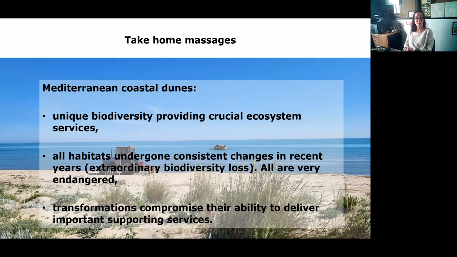All coastal habitats are currently considered to be very endangered, which unfortunately raises concerns over the fate of dune habitats. These transformations compromise not only biodiversity, but also the possibility to deliver key supporting services such as erosion control.